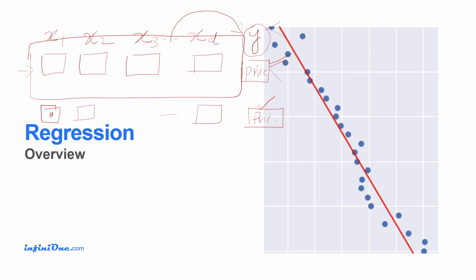Here I've given you an example of regression where you have just one attribute, maybe x1, and one target attribute, which is y. Let's say all these blue points are the previous history records: when the feature value x1 was this, the price was this much. When x1 was this, the price was this much, and so on.